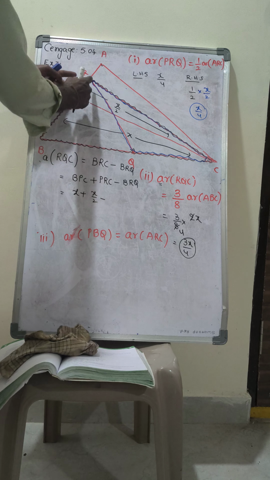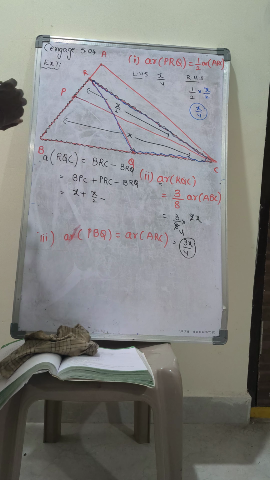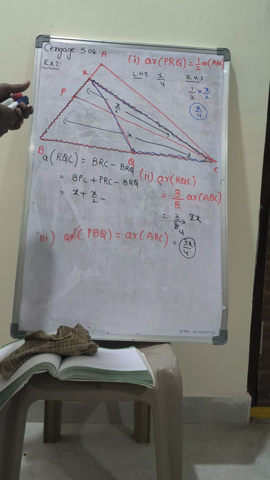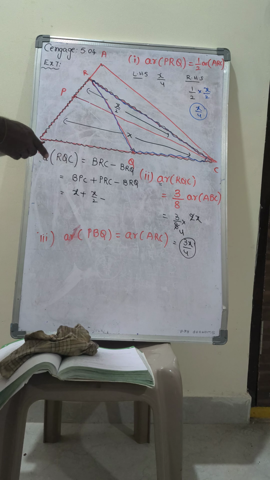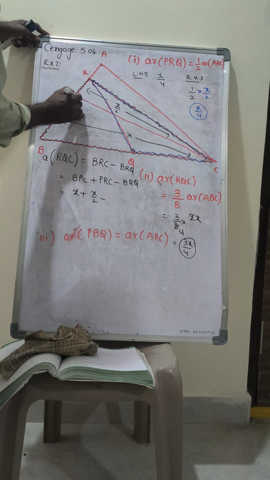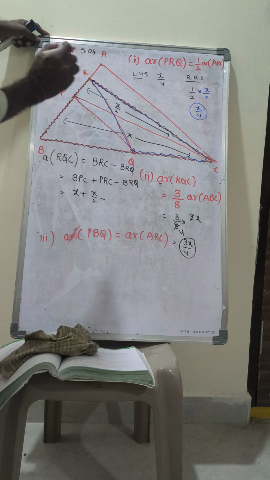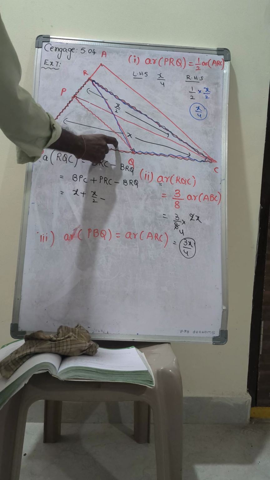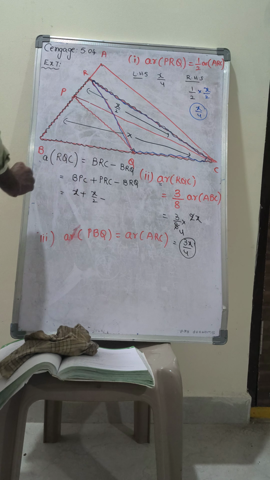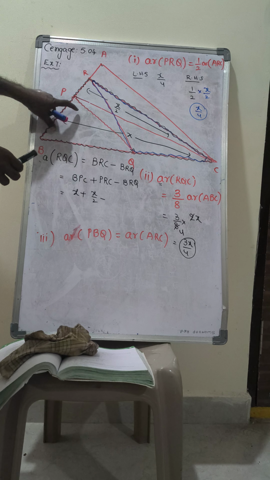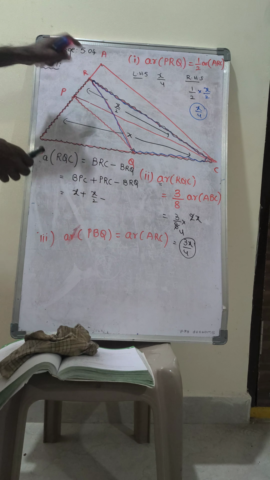Now coming to BRQ. So how to get BRQ area? Look at this one. BRQ, this one we want. So now look at this one. What is this? BPQ. BPQ plus PRQ will give BRQ.